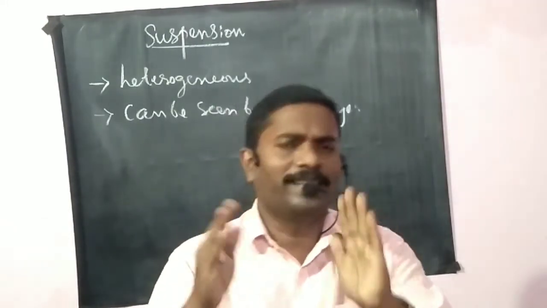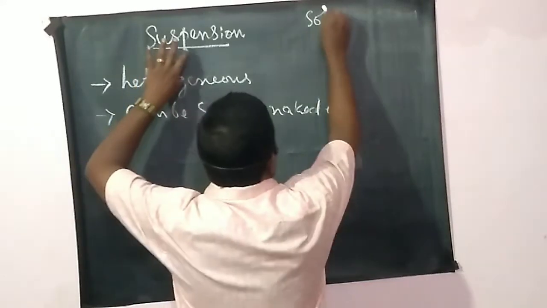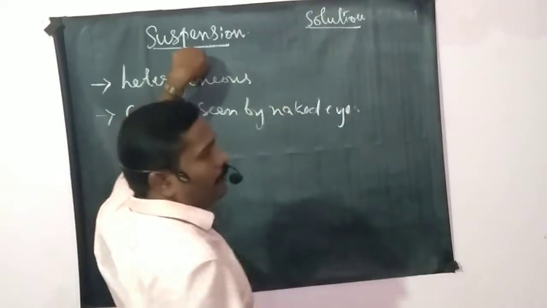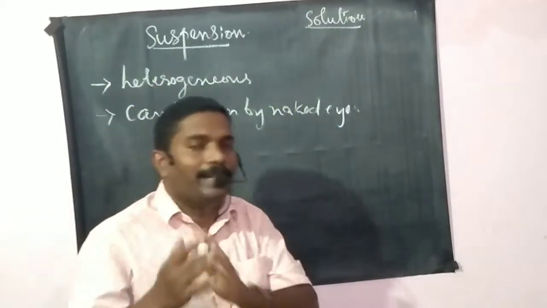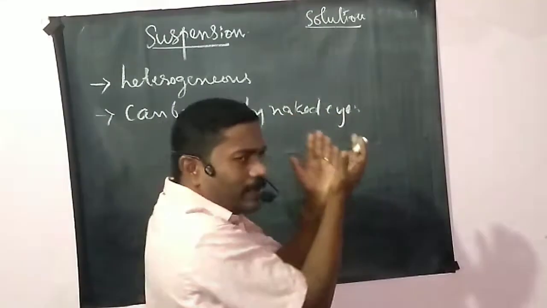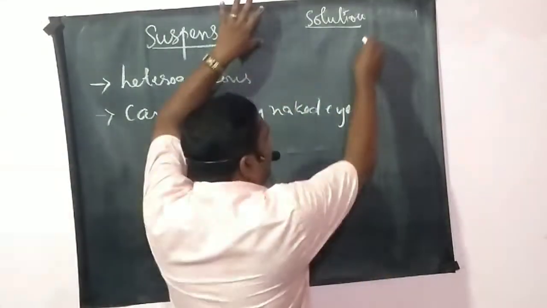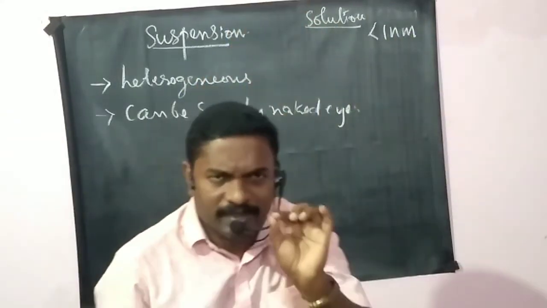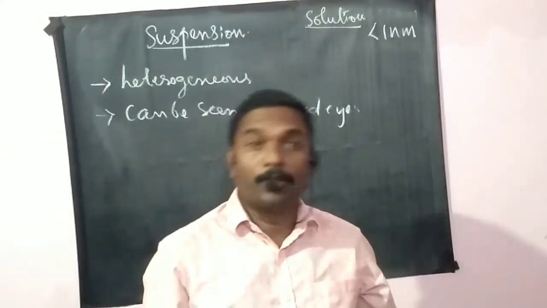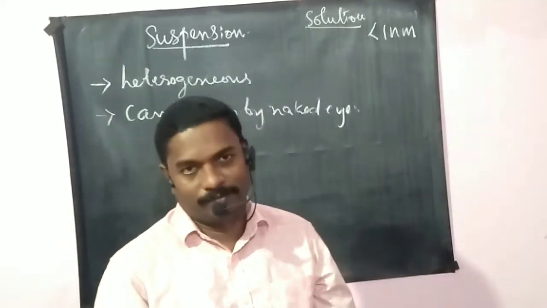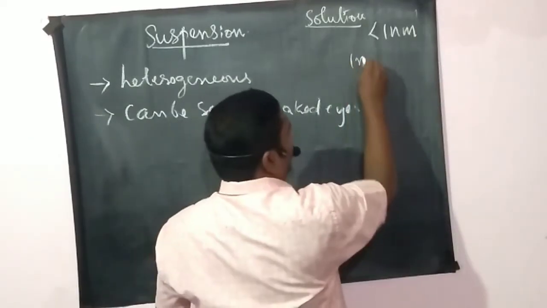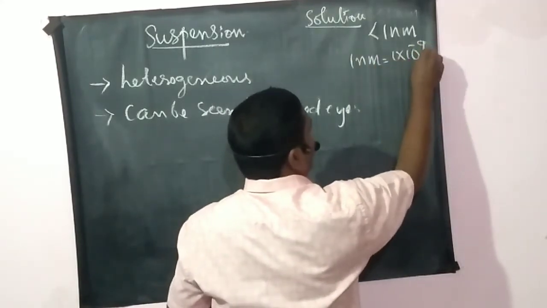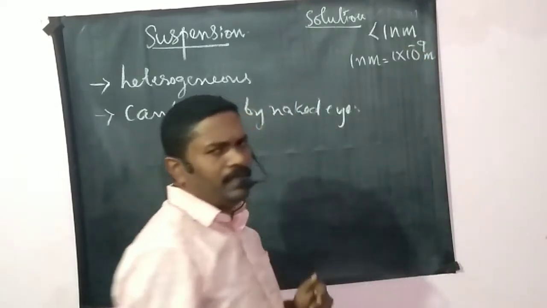Just for the comparison of particle size in a true solution and in a suspension, let's take a unit: the size of particles in solution is less than 1 nanometer. A nanometer is a small unit to measure size, and 1 nanometer is equal to 1 into 10 raised to minus 9 meter. It is too small.